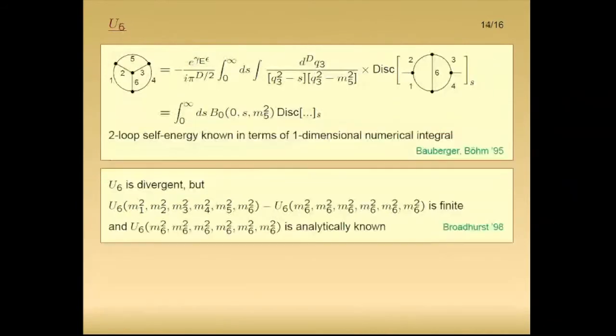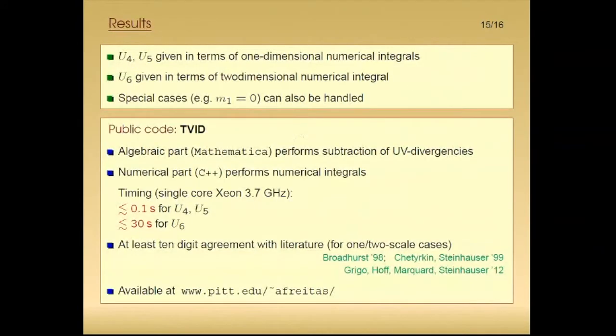Here, it's a genuine two-loop integral. But the discontinuity of that is actually known, was computed by those people some number of years ago, and it can be written as a one-dimensional integral. So here I actually have an integral in here, and then I have the additional integral over S, so it becomes overall a two-dimensional integral for the finite result. And again, there's a divergent piece which can be subtracted.